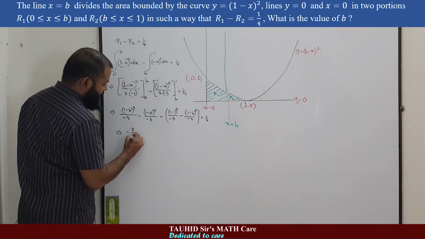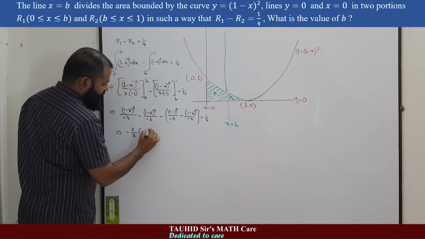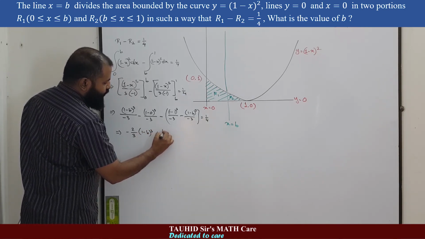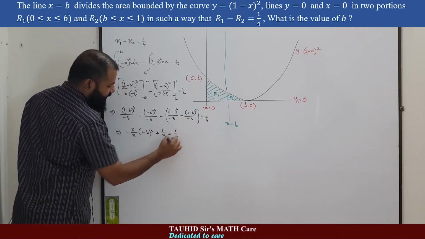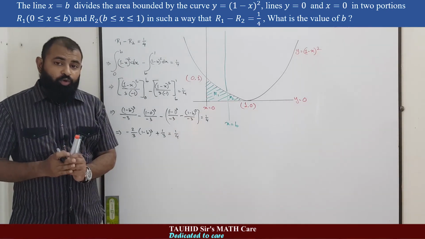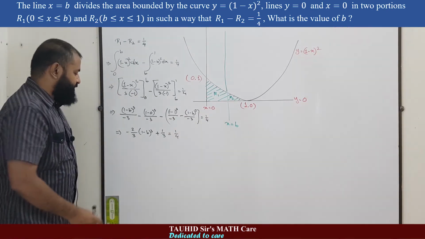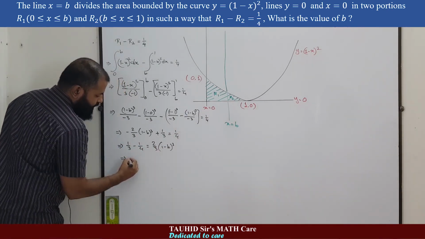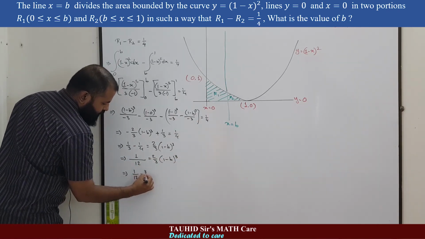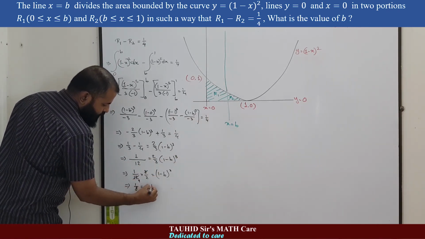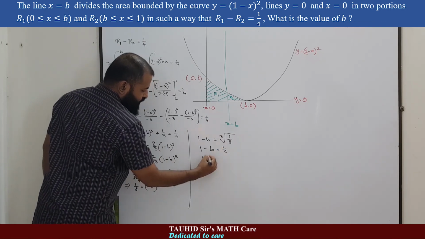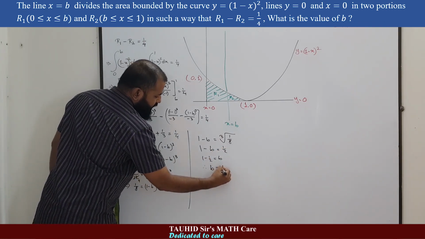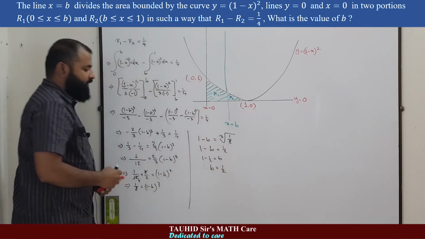Minus 2 by 3, (1 minus b) whole cube plus 1 by 3 equals to 1 by 4. From this equation we will find the value of b. Therefore, finally we get the value of b to be half.